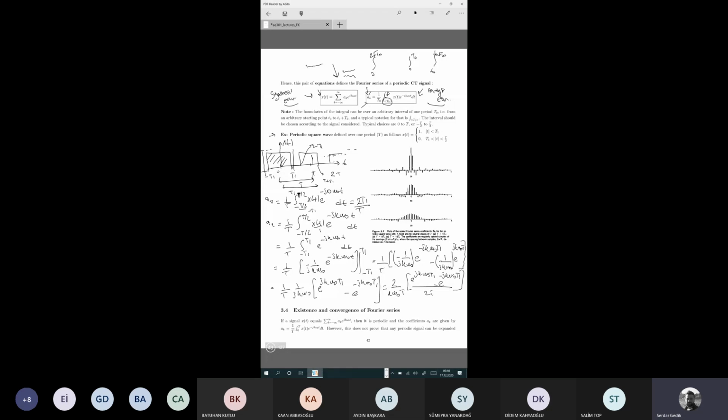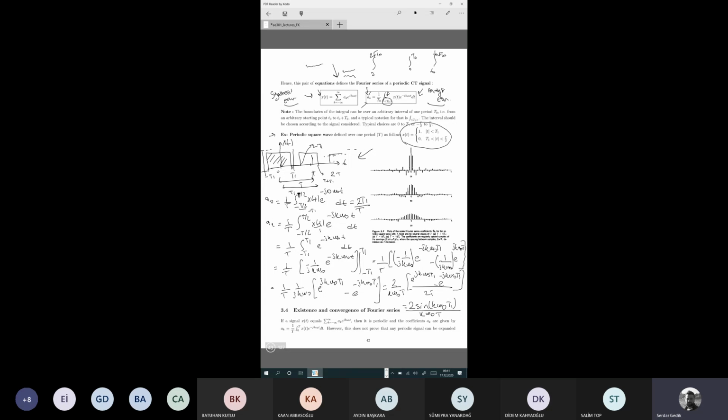You know that the second term in square brackets is the sine, so it is simply 2 sine k omega 0 t1 over k omega 0 T. So these are the Fourier series coefficients in closed form for my periodic square wave, given in this form.